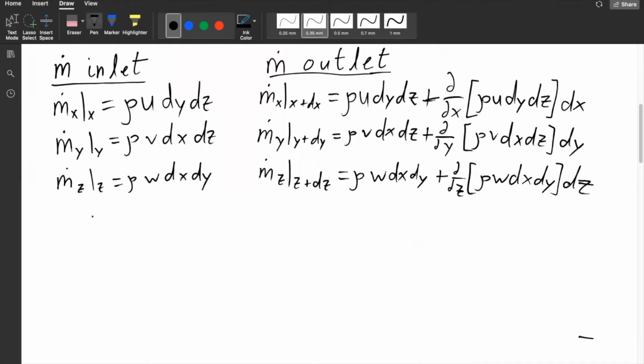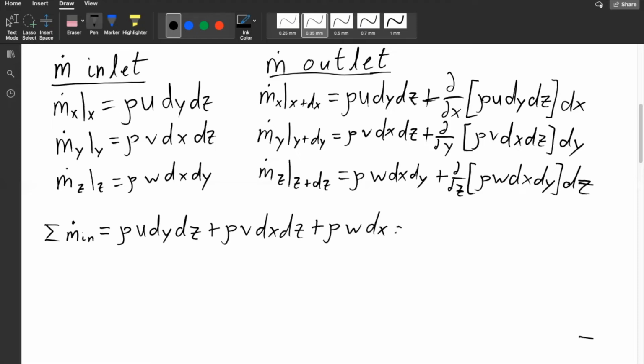So the sum of our mass flow rate at the inlet will equal out to be rho u dy dz plus rho v dx dz plus rho w dx dy.